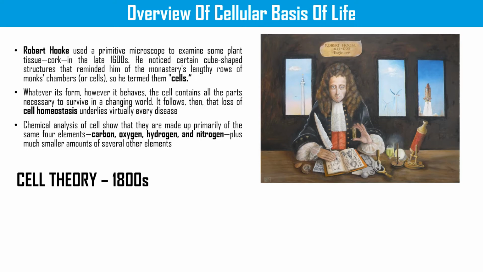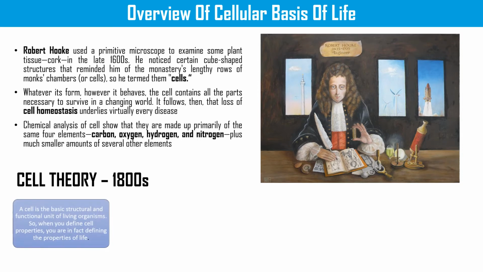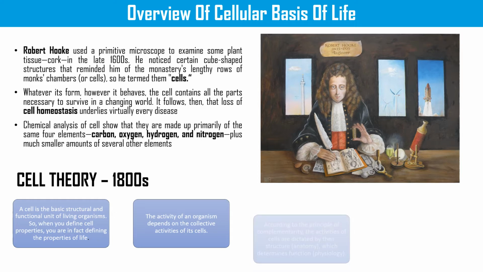Cell theory in the 1800s was based on four concepts. Number one, a cell is the basic structural and functional unit of living organisms. So when you define cell properties, you are in fact defining the properties of life. Number two, the activity of an organism depends on the collective activities of its cells.